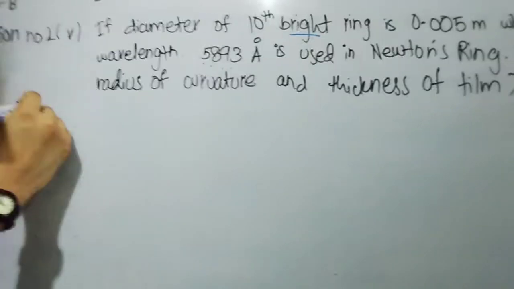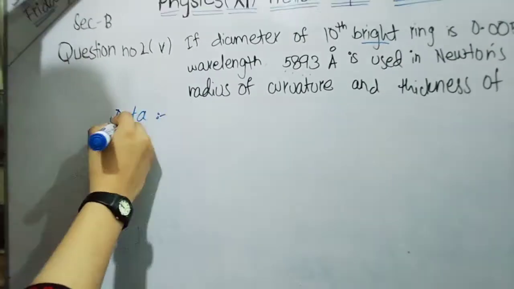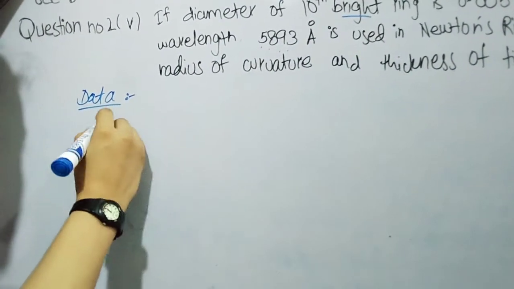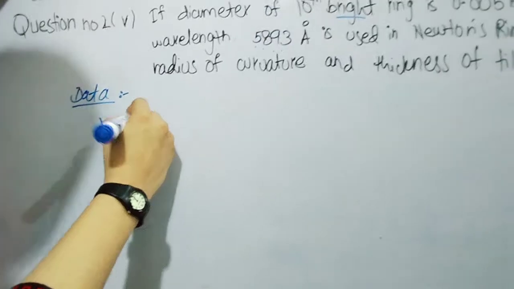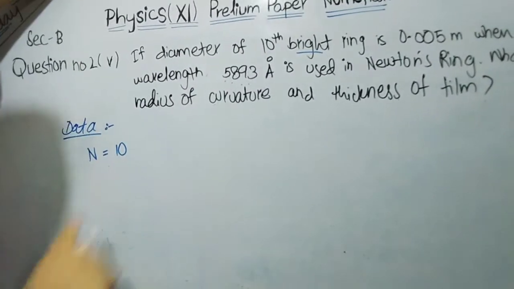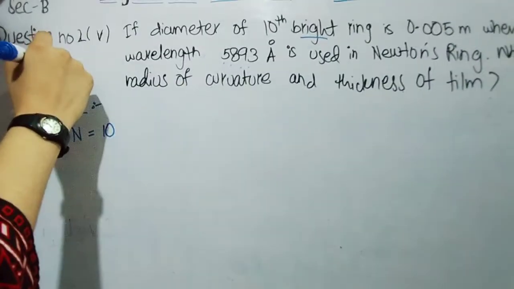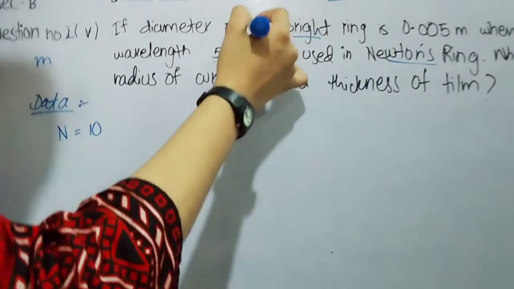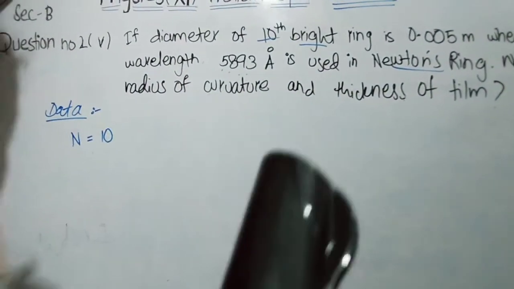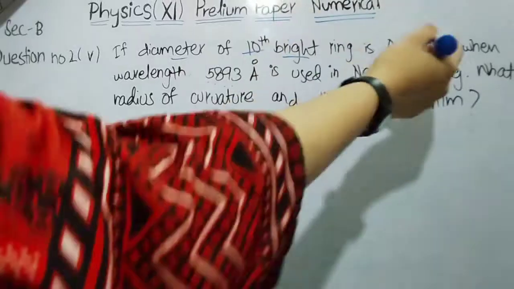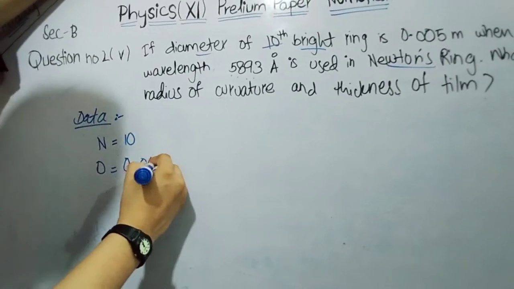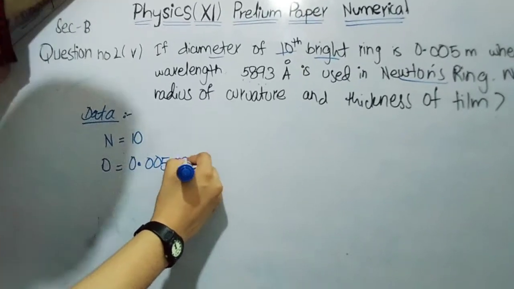Okay, let's write down the data. The bright ring is the 10th, which means we're going to denote N as 10. Remember that if this were not the case of Newton's ring, then we would denote any number of ring with m. But since this is Newton's ring, the 10th bright ring will be denoted by the capital N. And we have got the diameter as d equals 0.005 meter.